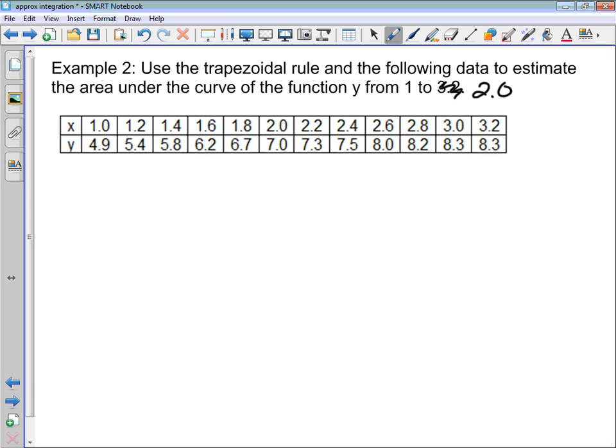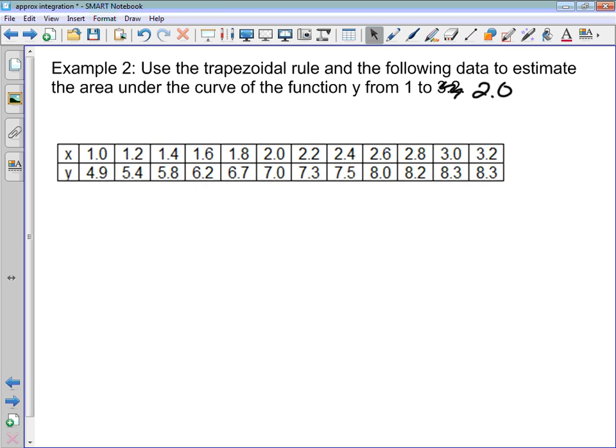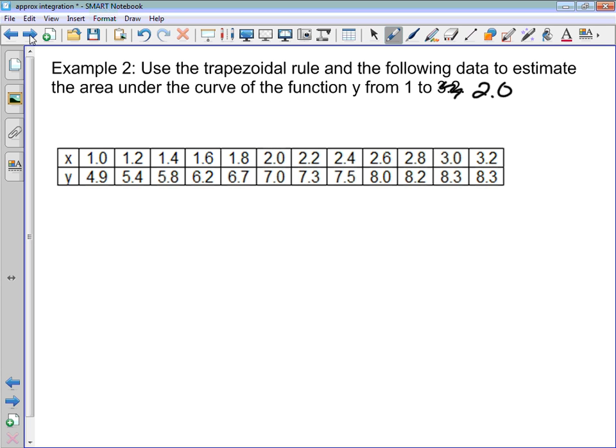It doesn't tell us how many intervals to have. So I think the easiest way to set it up is to just use the intervals that are given in the table here. If this is our starting point, let me move this table down a little bit to give us a bit of space. So we would take this value here as x naught.